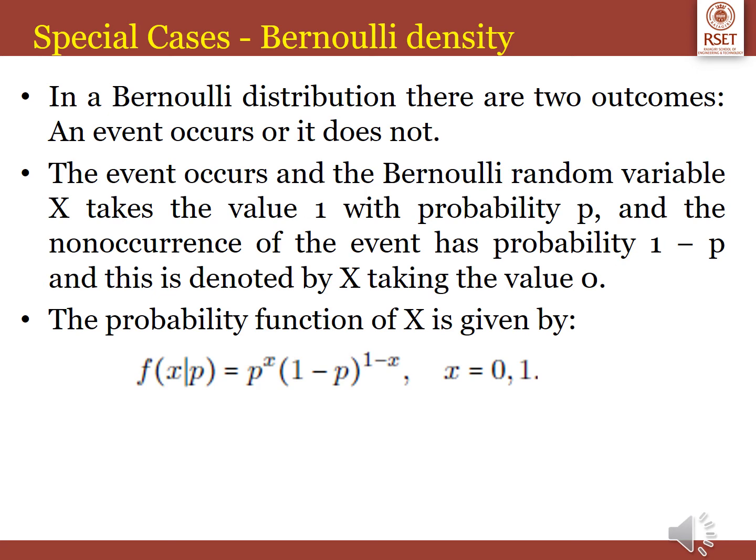And if the event does not occur, then the event has a probability of 1 minus p, and it is denoted by x taking the value 0. The probability function of x can be given by f of x given p is equal to p raised to x into 1 minus p whole raised to 1 minus x, where the values of x are 0 and 1.